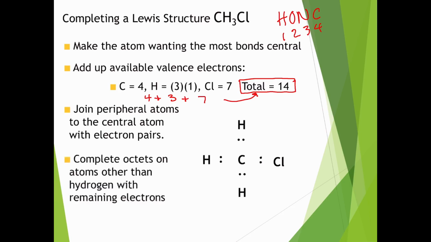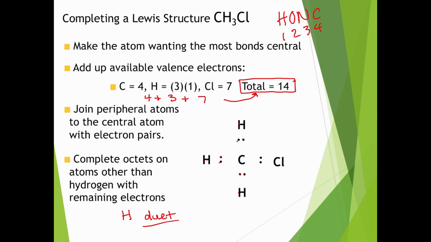Then we are going to complete octets on the atoms other than hydrogen with the remaining electrons. The reason that it's other than hydrogen is that hydrogen follows the duet rule, right? So hydrogen only ever wants 2 electrons. So this hydrogen has 2, this hydrogen has 2, this hydrogen has 2, hydrogen's done. Hydrogen can only form 1 bond ever.